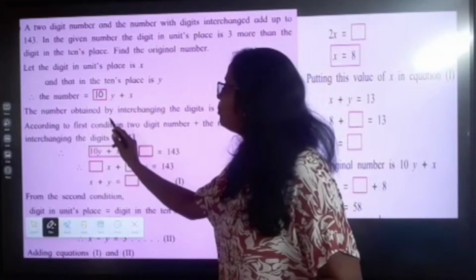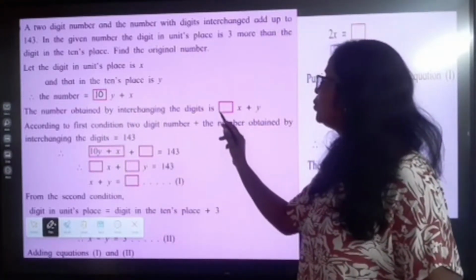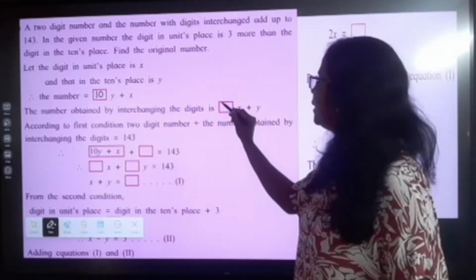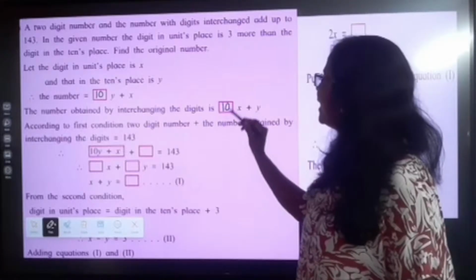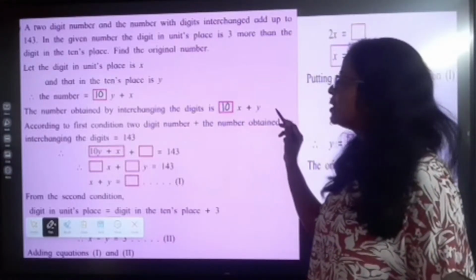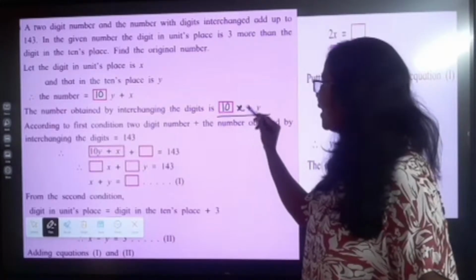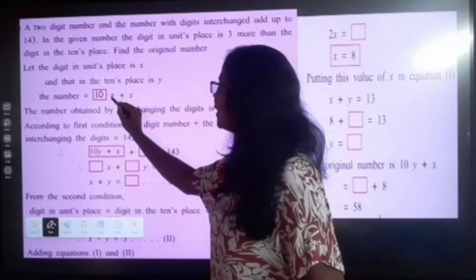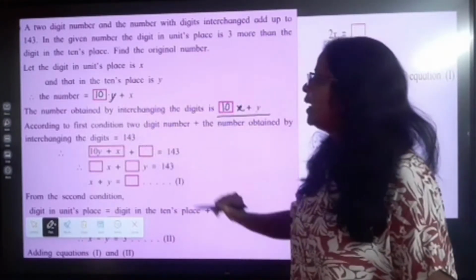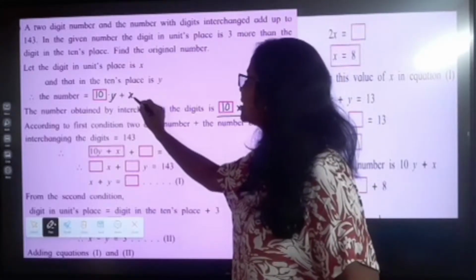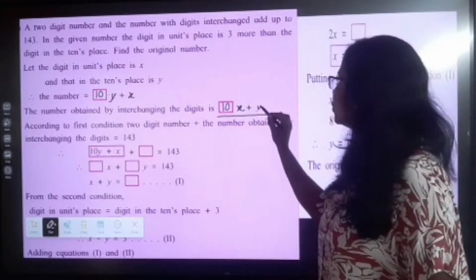The number obtained by interchanging the digits is 10x plus y, because here at the place of x comes y.